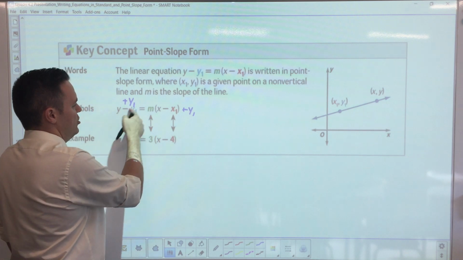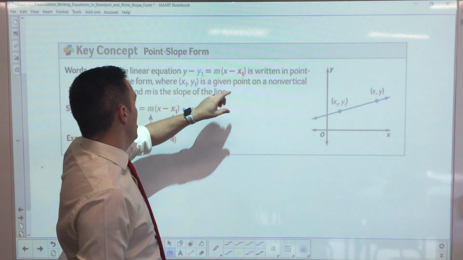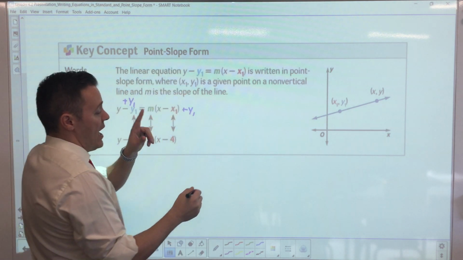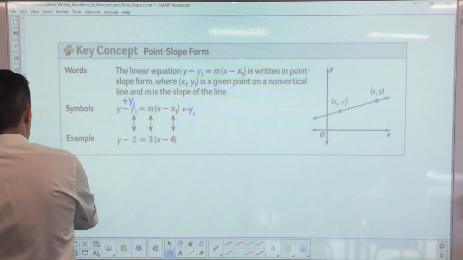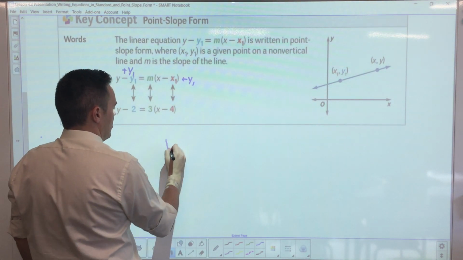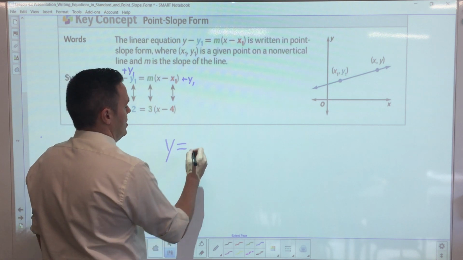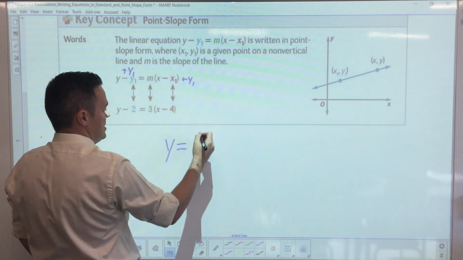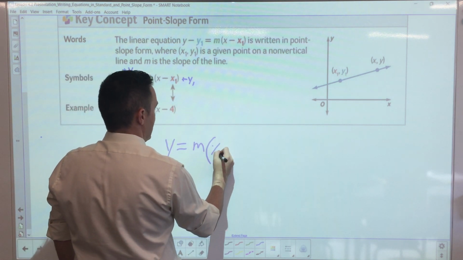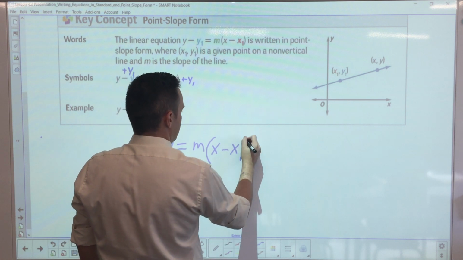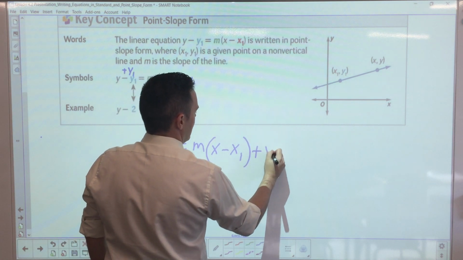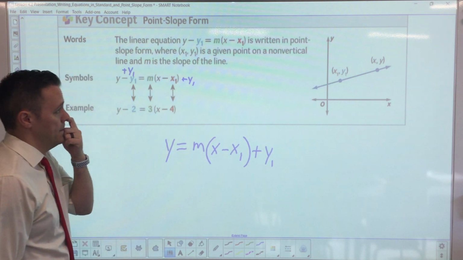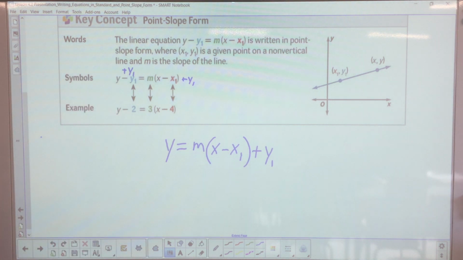And if you do that, you're going to end up with y equals. So this point-slope formula, I want you to remember it as this. Change it in your notes as y equals m, because that's what this is, and it's going to be x minus x1 plus y1. That is how I want you to remember it.